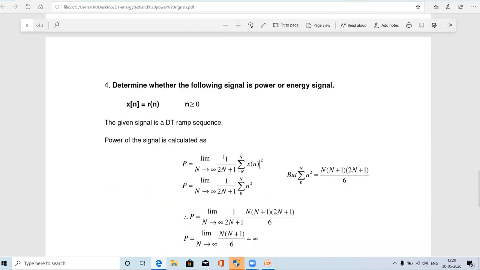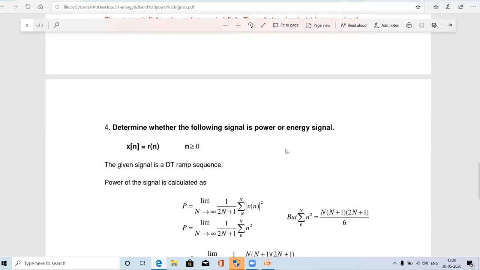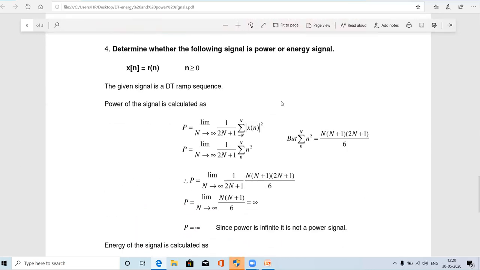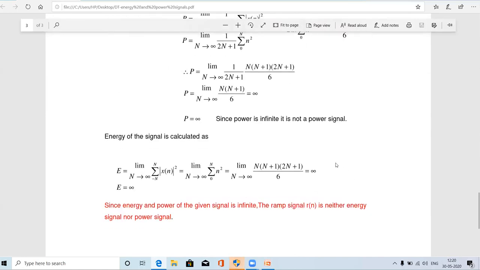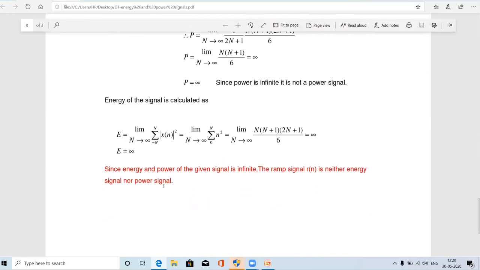You see in this problem, in the previous problem either the power value is finite or the energy value is finite. But in this r of n problem, the power value is infinite and the energy value is also infinite. What is the meaning? This ramp signal is neither an energy signal nor a power signal.